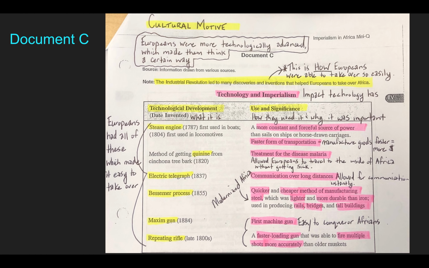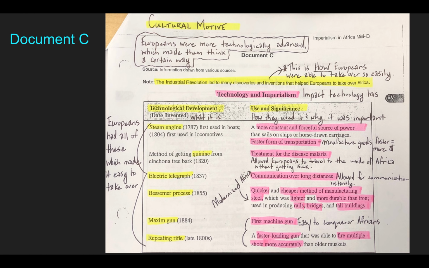It's just all through text message. So the telegraph is like the old school way of text messaging, and you're able to communicate instantly with someone that is very, very far away. So that is good, especially if Europeans are taking over parts of Africa, or they're setting up factories in Africa and they need to communicate with each other. This is the way that they do this. So the telegraph was very, very important.